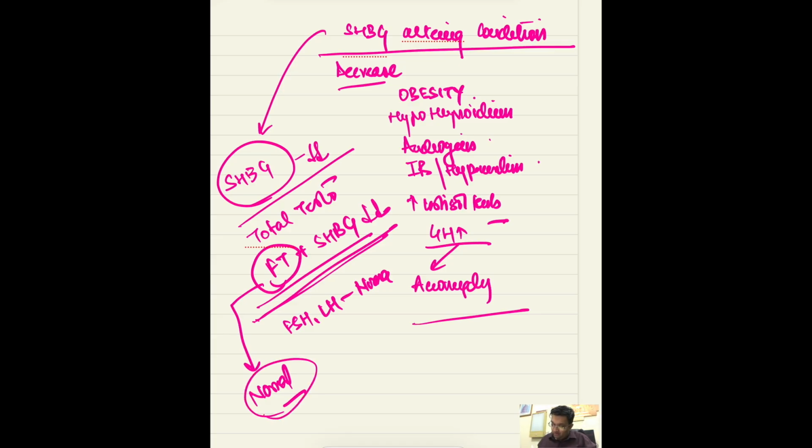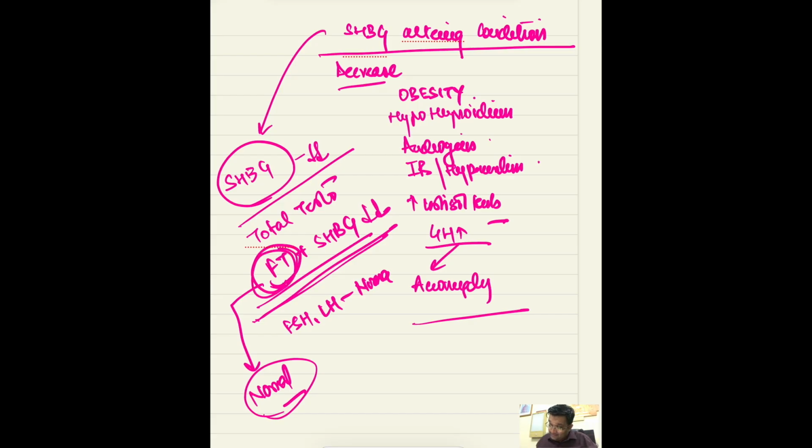So, in these cases where SHBG alteration is there, we need to go for either the free testosterone levels or the free testosterone index. So, free testo is to be done in these cases.